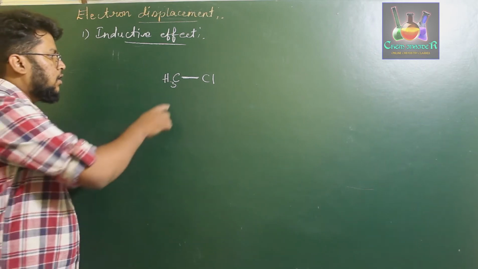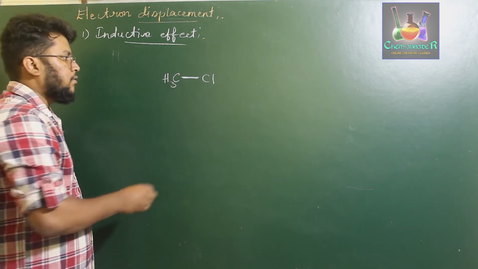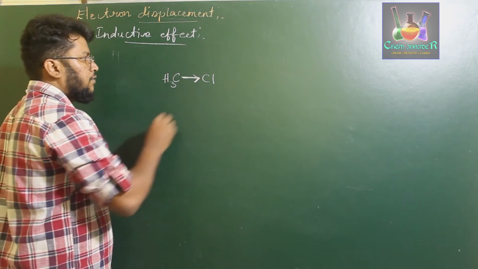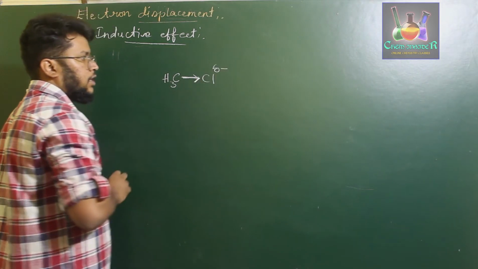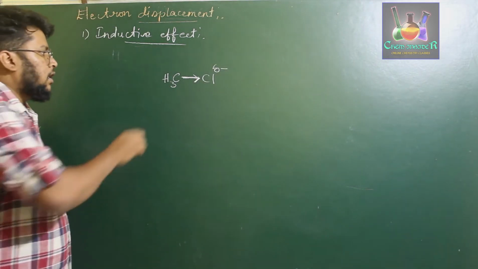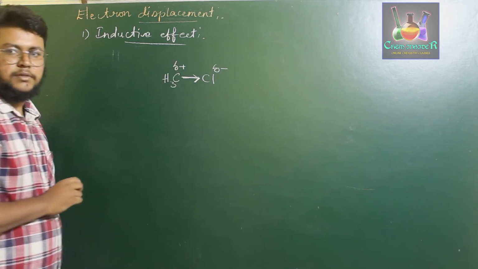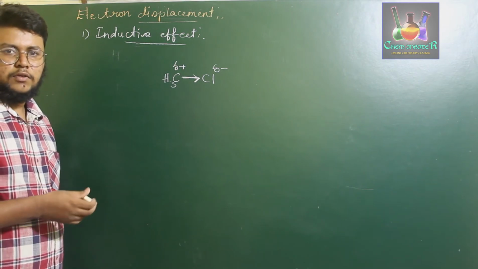For example, out of CH3 and Cl, Cl being more electronegative, the electrons will be directed towards the chlorine atom. Therefore, the chlorine will have a slight negative charge denoted as delta minus, and the carbon atom will carry a slight positive charge denoted as delta plus, which we know from the polarization effect in the chemical bonding chapter.